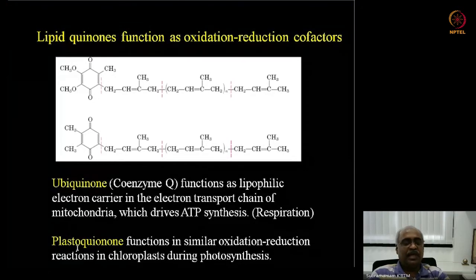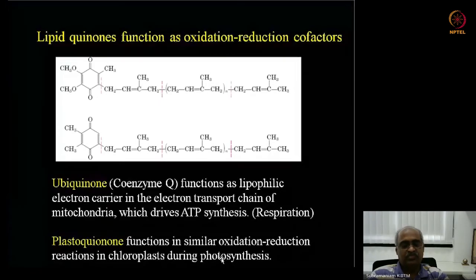And similarly, plastoquinones do the same job in photosynthesis, where electrons are obtained by splitting water and transferred, finally, to make a reduced form of another cofactor called NADPH.